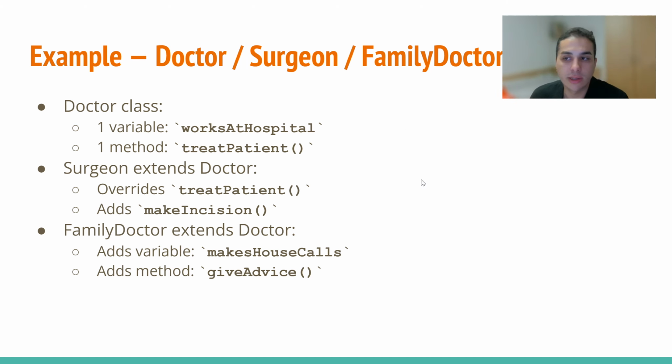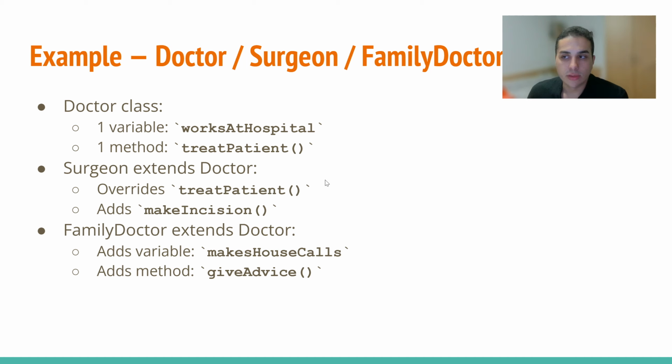And using this scenario, we can answer questions like how many instance variables and methods does each subclass have? A doctor has one instance variable, and one method is defined here. A surgeon inherits one instance variable from the doctor, and treat patient, but it overrides it and it adds make incision.